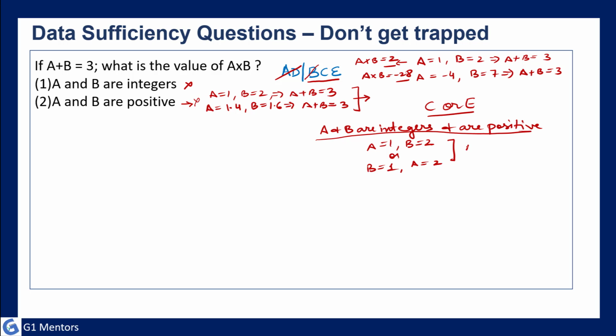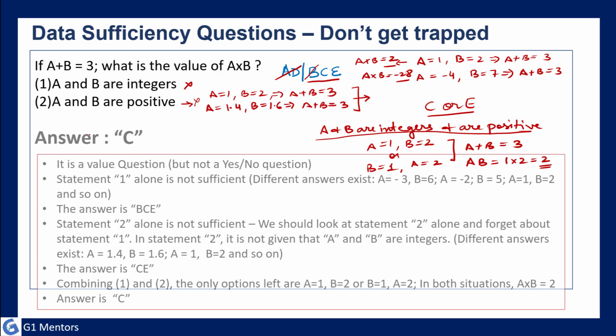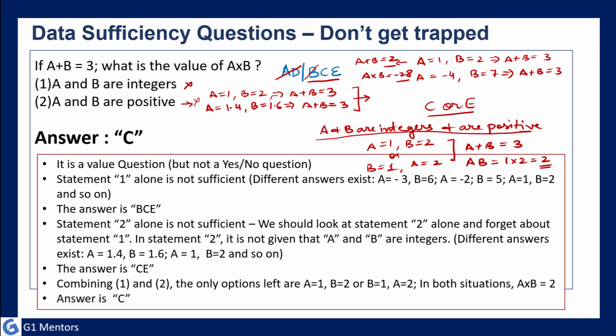In both cases, a plus b is equal to 3, and in both cases a into b is 1 into 2, which is 2, and we are able to find the answer. So the correct answer to this question is answer C.